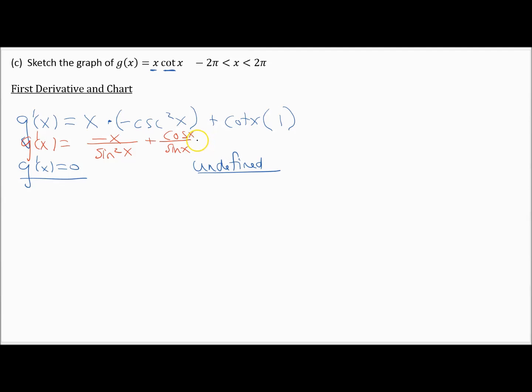A common denominator. So I'm going to multiply by sine of x over sine of x, right? So they both have a sine squared of x. That results in negative x plus cosine of x times sine of x, over sine squared of x. So y'all, there is my first derivative.